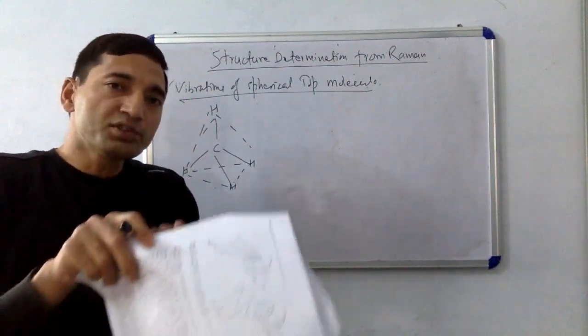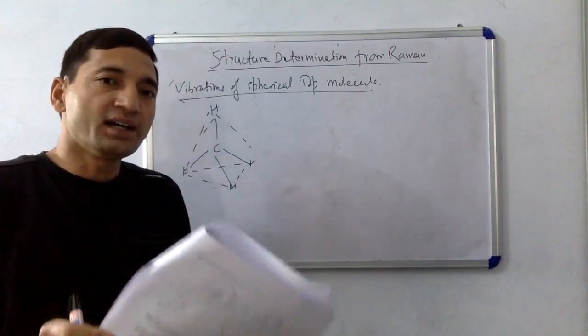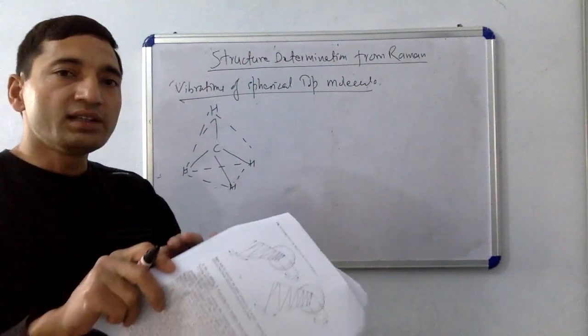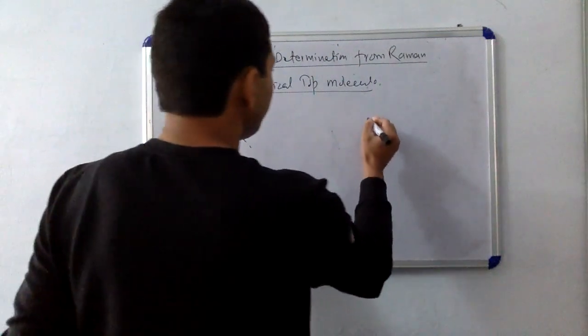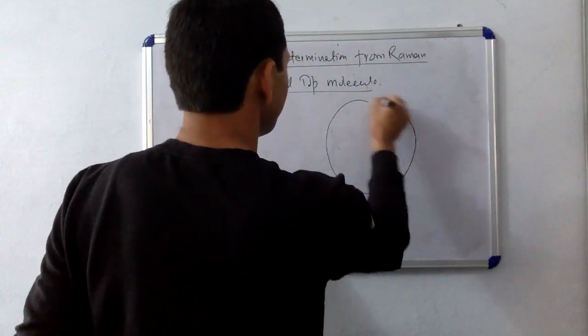So what will happen once we look at this polarized sphere is that the polarizability will be spherically symmetric. So I will be getting the spherical symmetry of it.